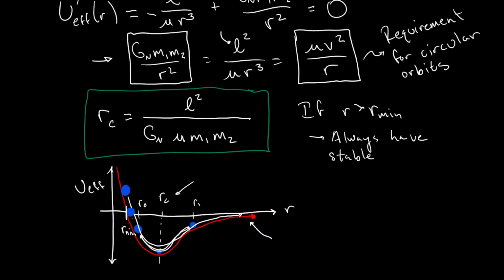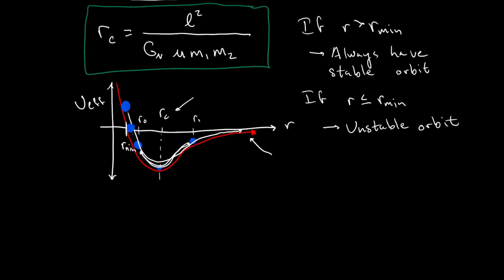But if R is less than or equal to R min ever, if it ever evolves to where R is less than or equal to R min, this will be an unstable orbit. And the stars will fly apart to infinity.